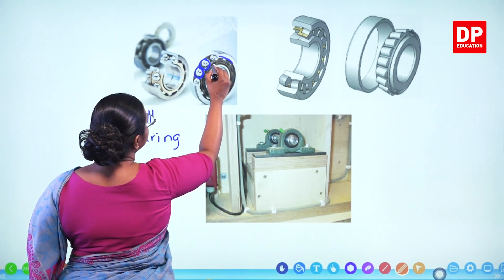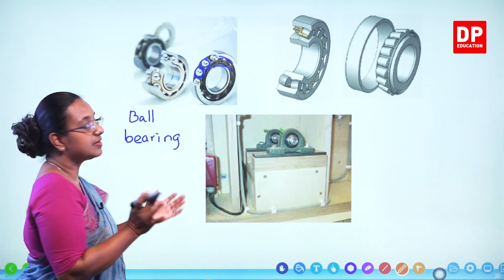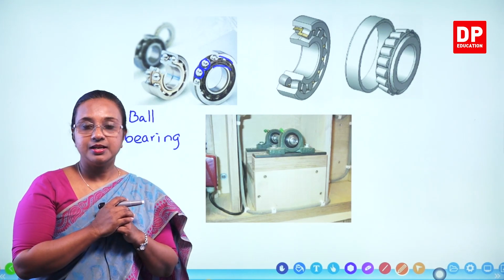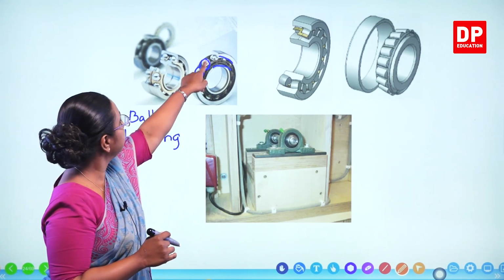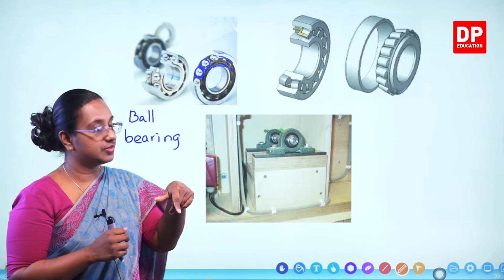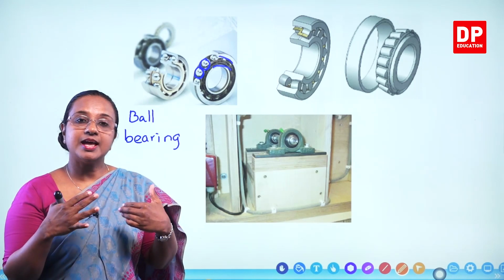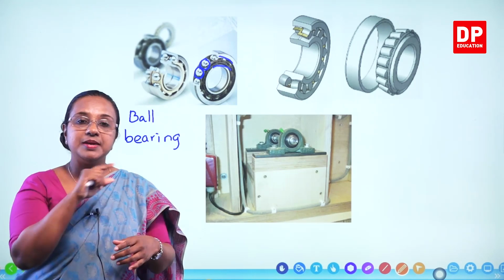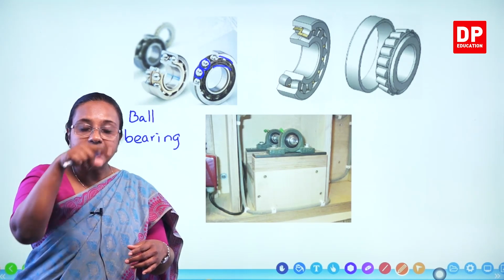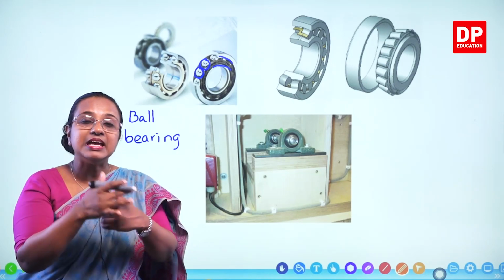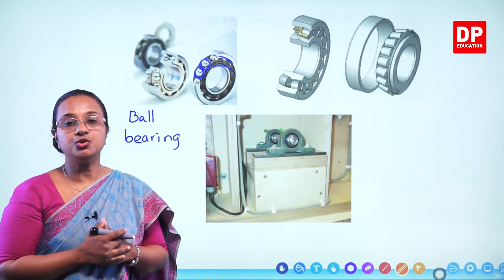This is one surface, this is another surface which are moving relative to each other, and inside there are balls. So these balls make it easy for the contact surfaces to move because the balls also can rotate and make it easy for the surfaces to move.